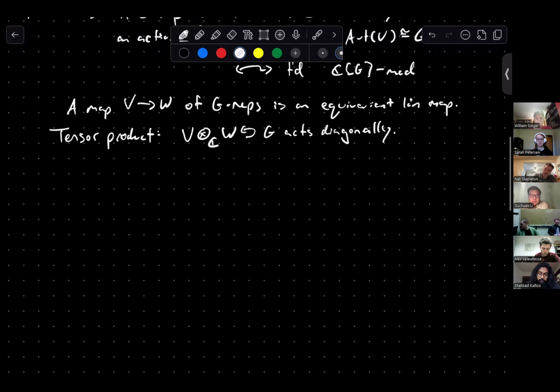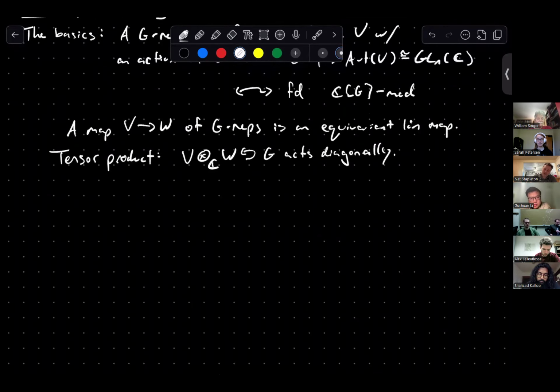And what I want to do to build the representation ring of G is to consider isomorphism classes of G representations. So let's let [V] be the isomorphism class of V. And then the set of isomorphism classes of G representations carries a bunch of extra algebraic structure.